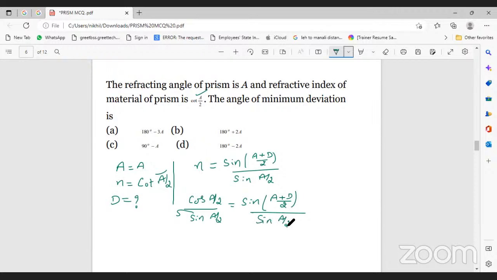You can cancel with sin A by 2, sin A by 2. So the denominator sin A by 2, sin A by 2 will be cancelled out, no? Yes, sir.